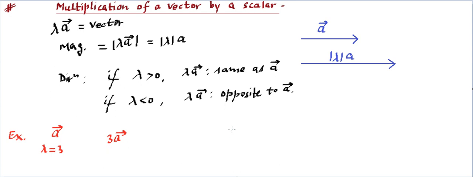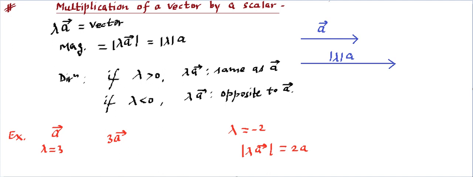However, if we take lambda as, let's say, -2, then the magnitude of this new vector lambda a is going to be twice that of a, because it will increase by a factor of 2, but the direction will be opposite because of the minus sign. So the vector will be increased by a factor of 2, however its direction will be opposite.